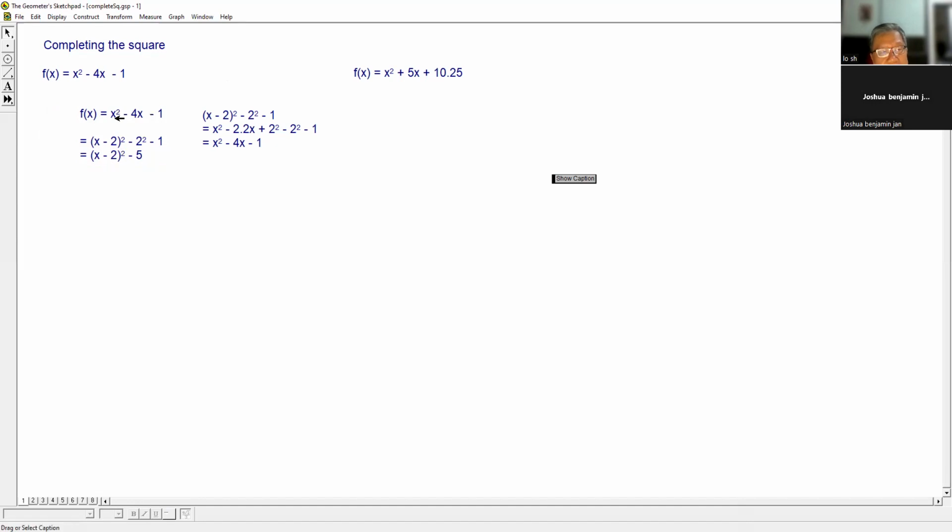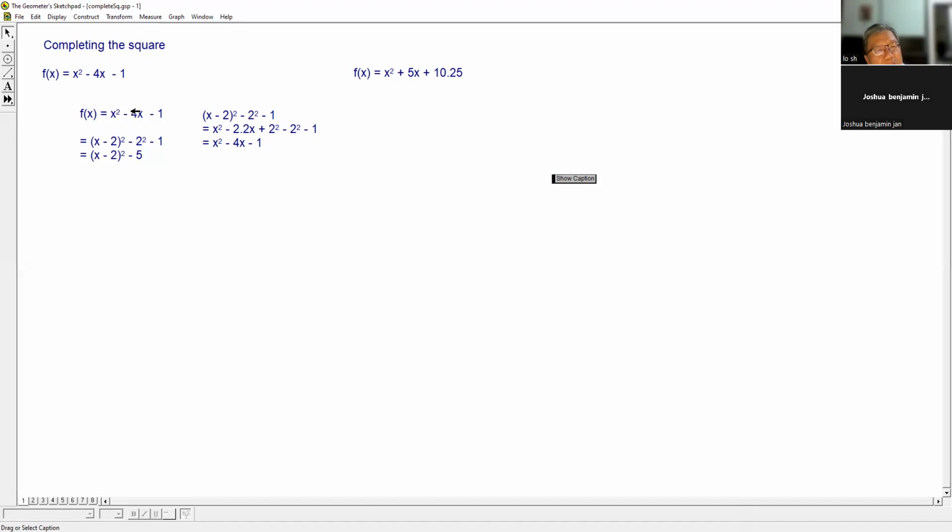Now you look at the term, the first term involving x squared. The number in front of x squared is actually 1. This is the easiest type. The number in front is 1. This is the easiest type.